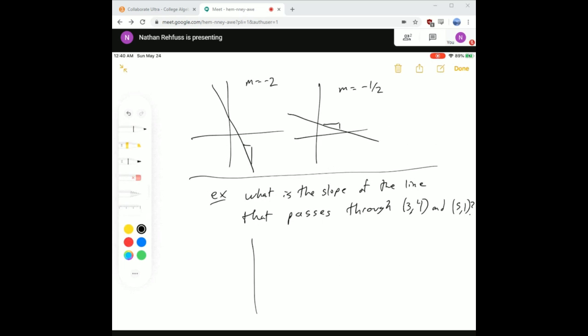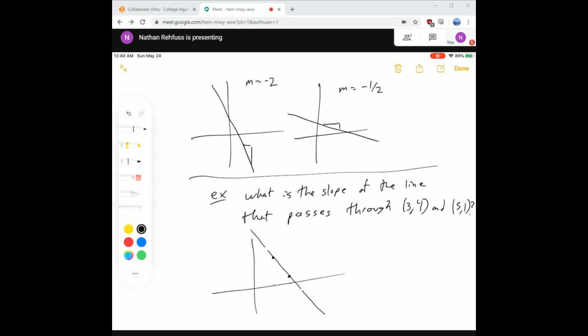First off, let me plot these points and get you a picture of what we're talking about. Here's 3 to the right and 4 up. Here's 5 to the right and 1 up. If I draw 2 points, I can line up my ruler on those points. There's only ever going to be one line that goes through 2 points. We say that 2 points define a line. You need 2 pieces of information to tell what line you're talking about.